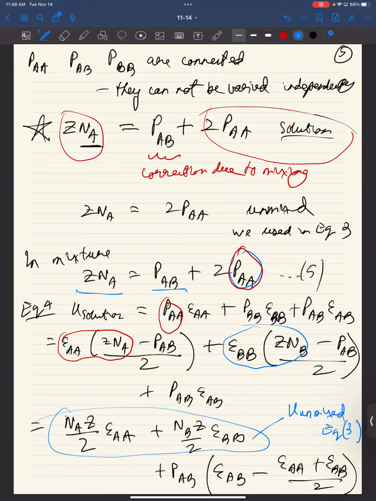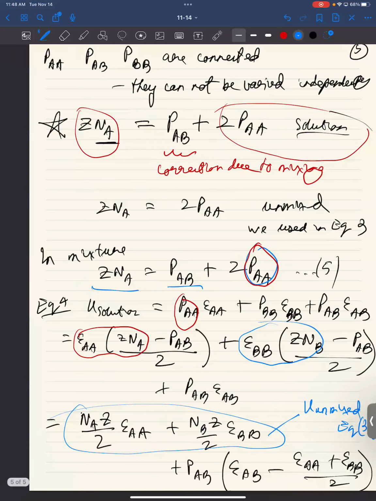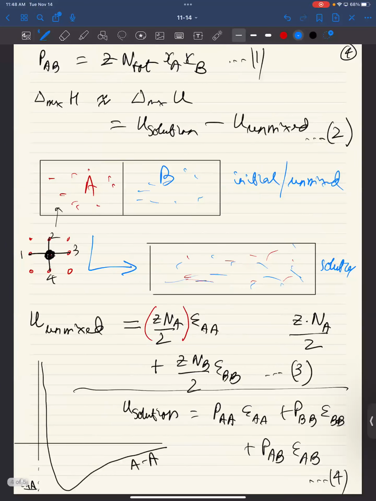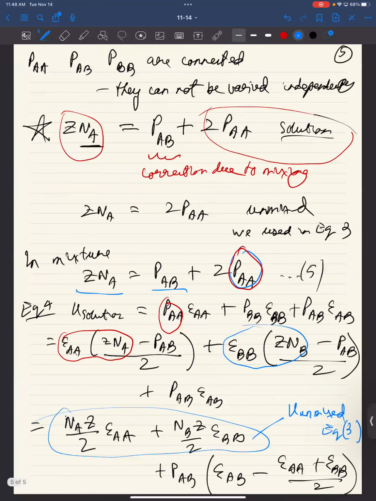So the way you calculated the probability of AB, you assume I have this empty lattice hole and then have probability there. It's a random arrangement, yes. So then if I have half and half, how come I cannot make the assumption for A and B? We are doing it after mixing. PAB is done after mixing.